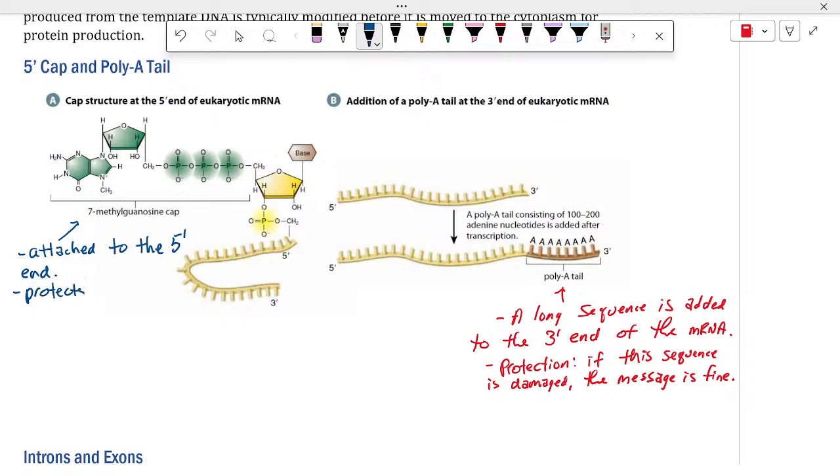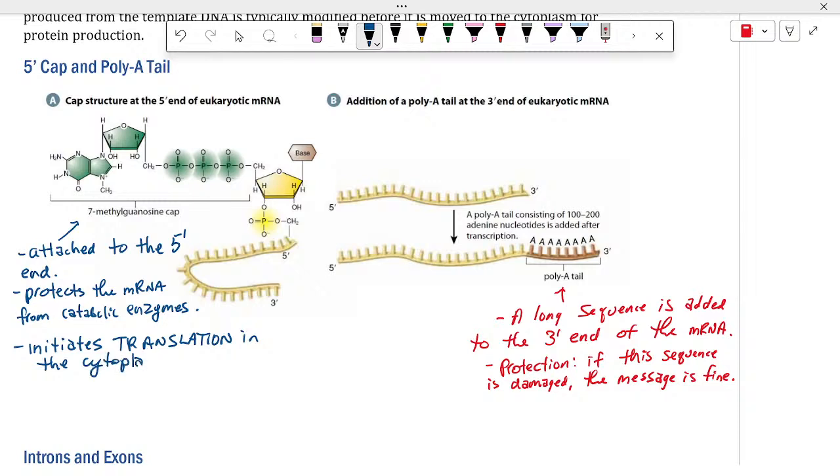I'm going to say it protects the RNA from catabolic enzymes, and this serves to initiate translation, which is our next lesson, which will be a couple days from now, in the cytoplasm.